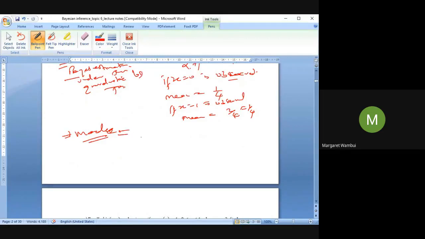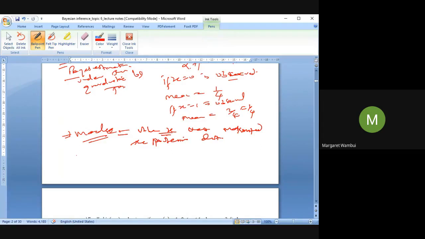So for you to find the mode of a continuous distribution, you remember what we said. For a continuous distribution, the mode is given by the value of x that maximizes the posterior distribution. How do I find out what maximizes my distribution?